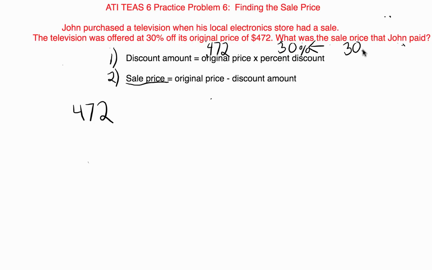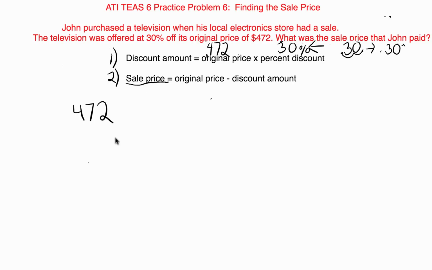Then we'll take that decimal and move it to the left 2 places. As a result, you will have 0.30. Now, the reason I'm showing you this manually is because on the TEAS you cannot use a calculator. So I wanted to show you manually how to convert a percent to a decimal.